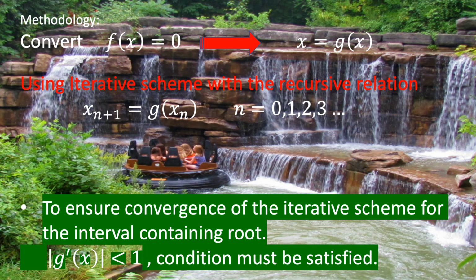Then we rewrite the formula we formed into the iterative formula x n plus 1 equal to g of x n, where n equal to 0, 1, 2, 3, and so on.